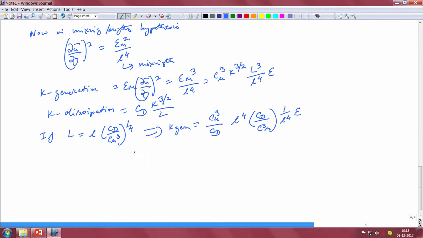Therefore, K generation will be equal to K epsilon.